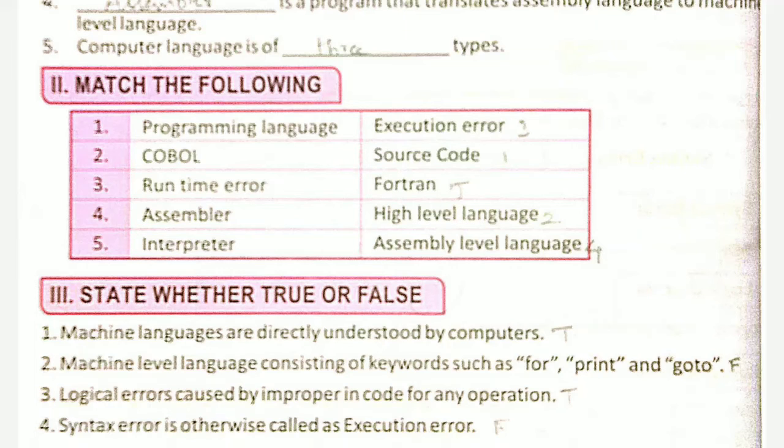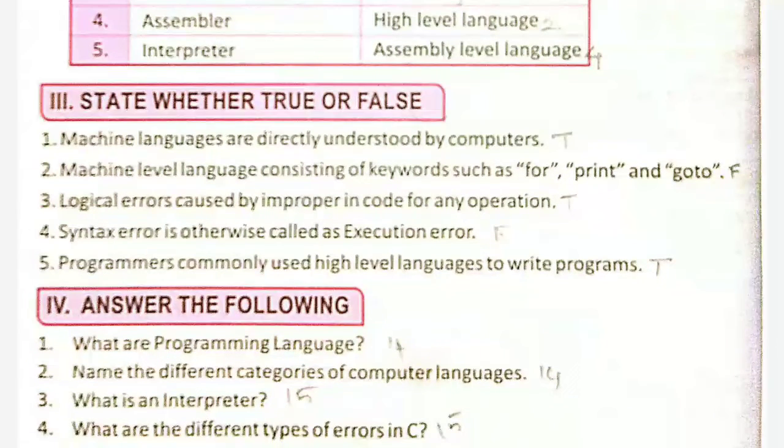Next is COBOL. COBOL is a high level language, an example of high level language. Next is runtime error. Runtime error is also known as execution error. And assembler. It converts assembly level language into machine level language. Next is interpreter. Fortran is an example of interpreter.